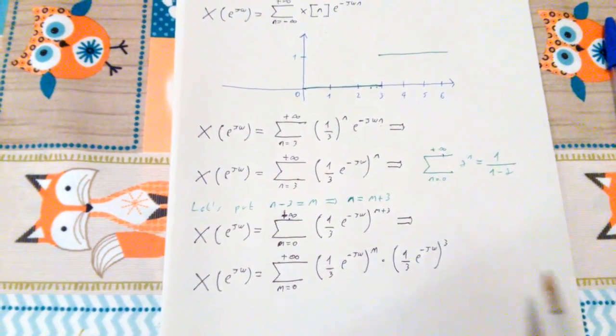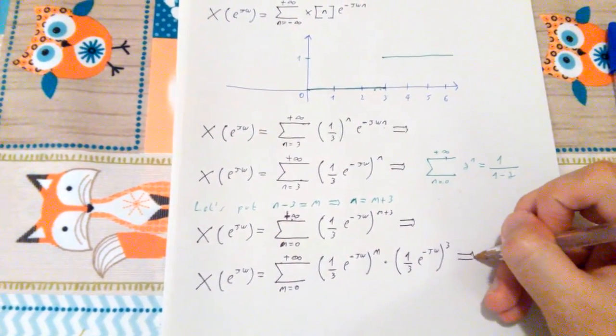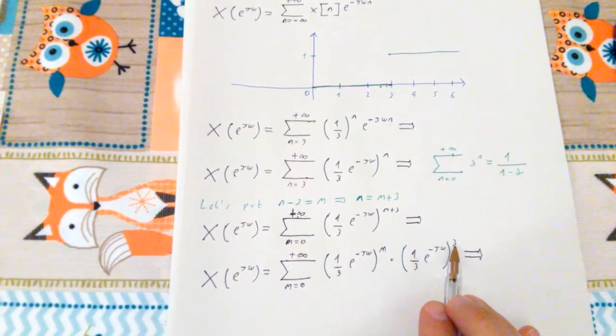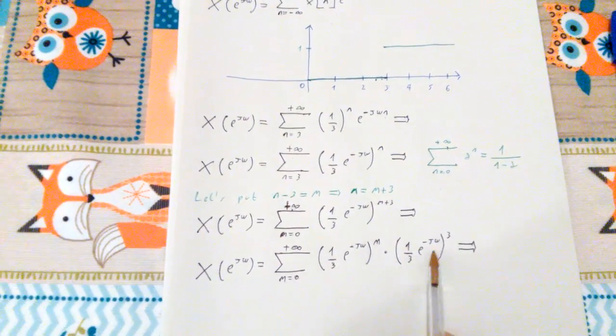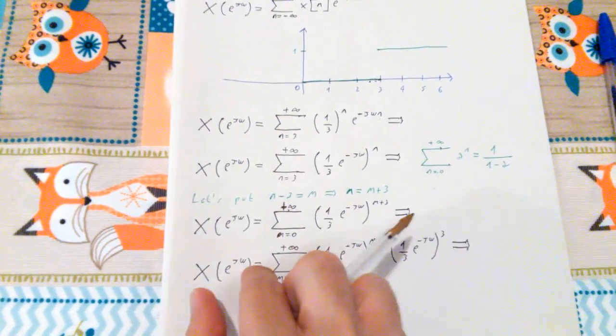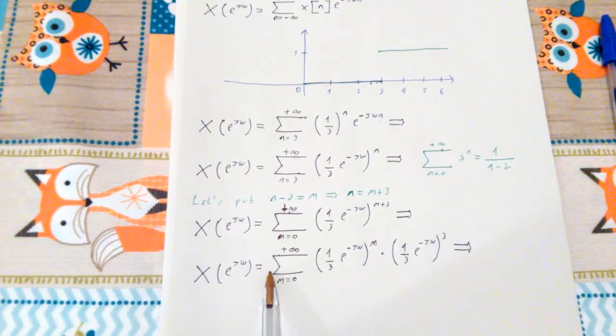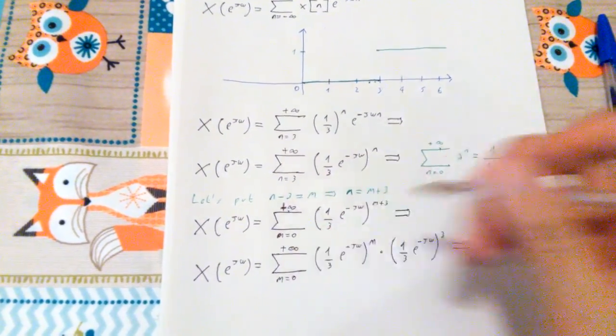So we basically split those. But hold on a second, this one has nothing to do with m, so we can bring it outside of the sum.